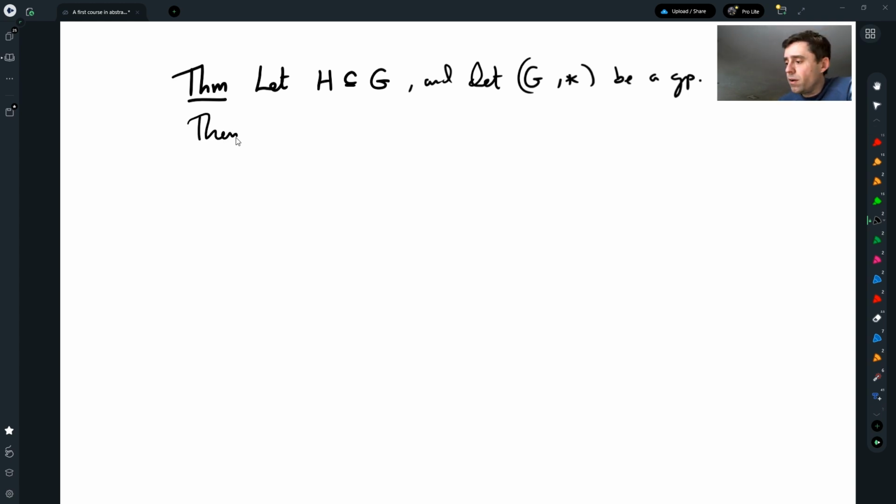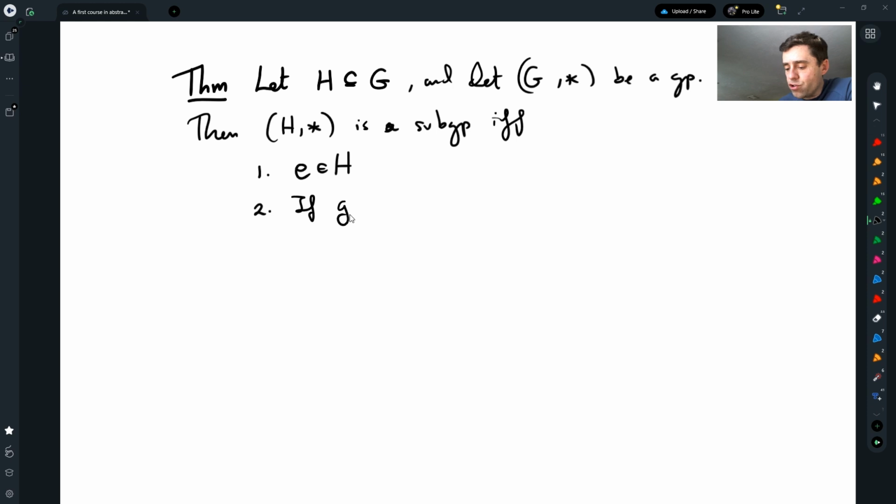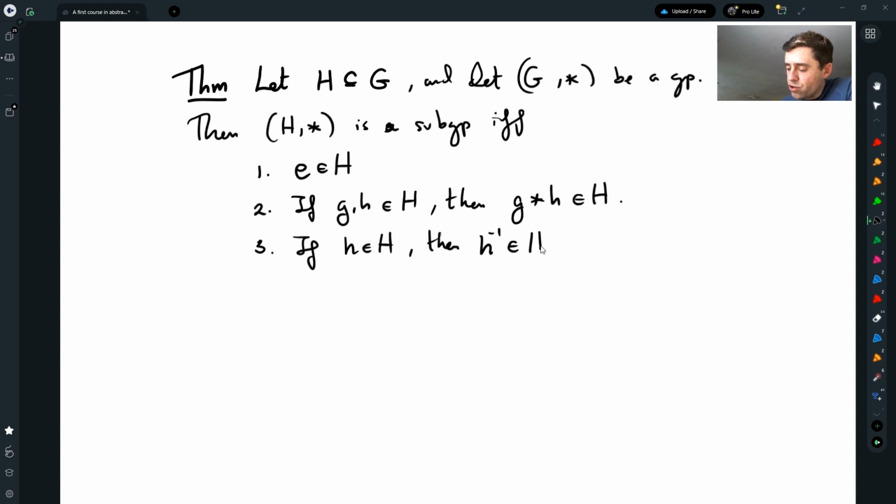Then (H, star) is a subgroup if and only if, one, e is in H; two, if g and h are in H, then g star h is in H, so H is closed under multiplication, under the star, under the binary operation; and three, if h is in H, then h inverse is in H. So H is also closed under inverses.